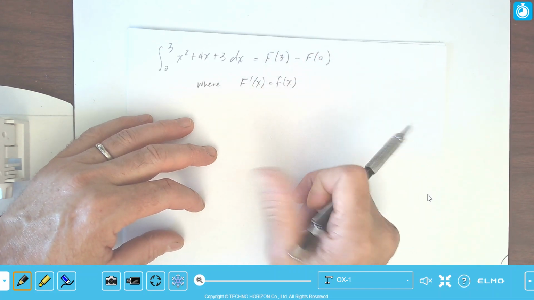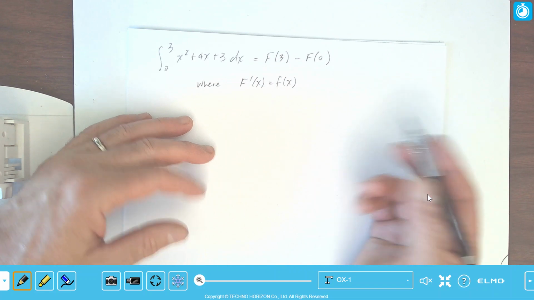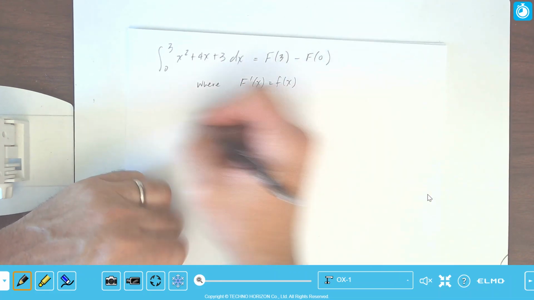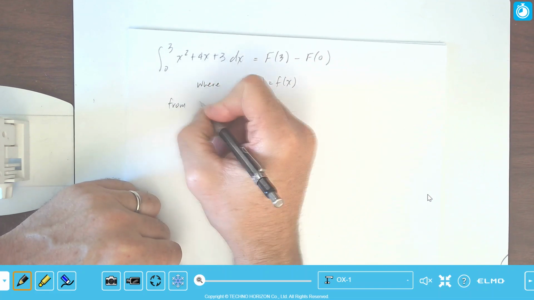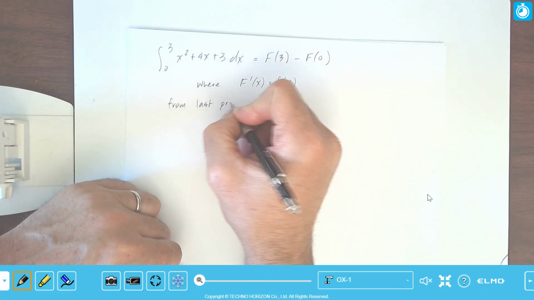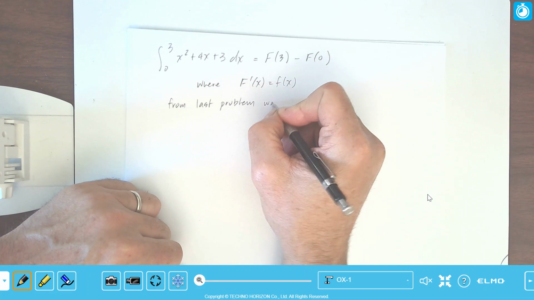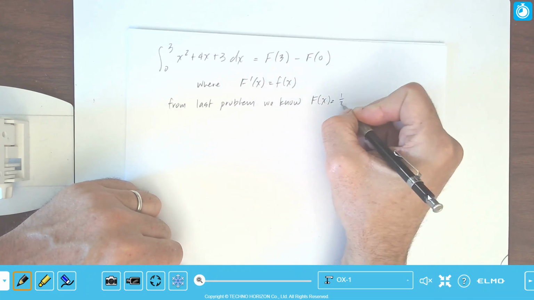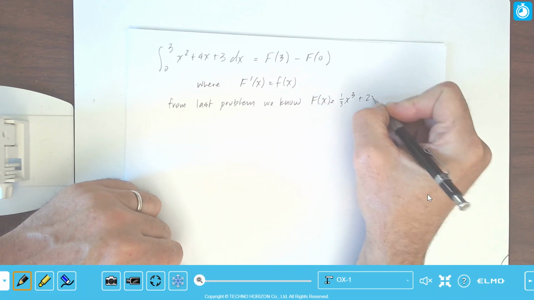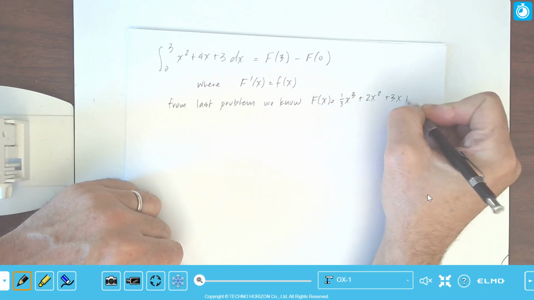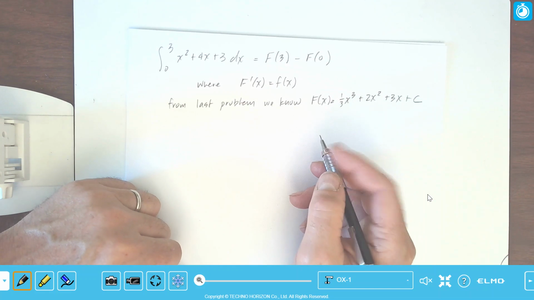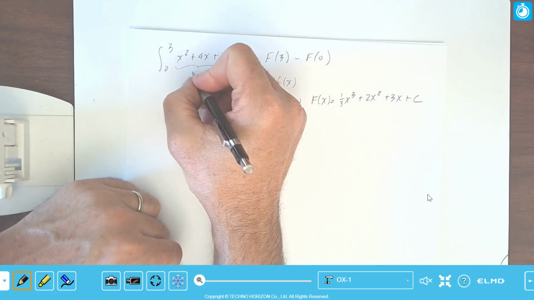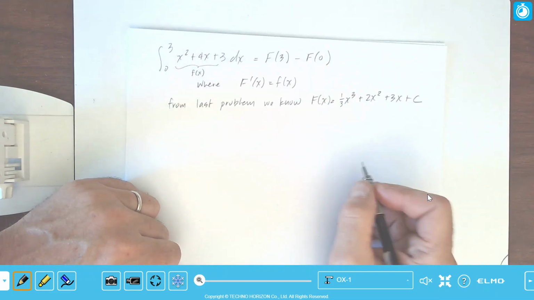But we've already done this. We know what the antiderivative of little f is. From the last problem, we know that big F of x is equal to 1/3 x to the third plus 2x squared plus 3x plus constant. This is the antiderivative of what we're calling little f of x.